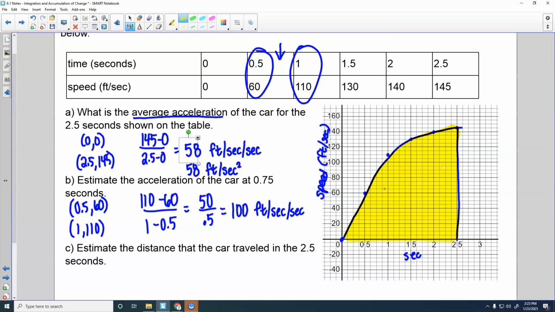Now, are we going to be able to find that exactly? We cannot. And not just because we don't know enough calculus yet, but also because they only gave us points. We don't know the equation of that curve or anything like that. So we wouldn't be able to find the exact area. Any ideas how we could get a decent estimate?